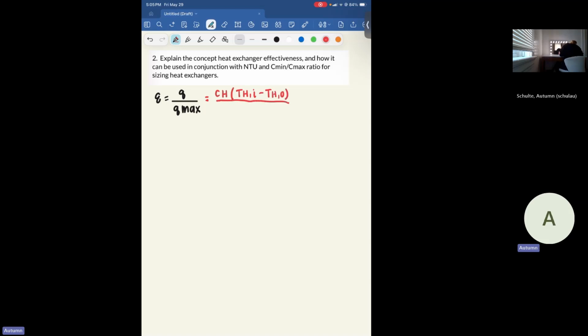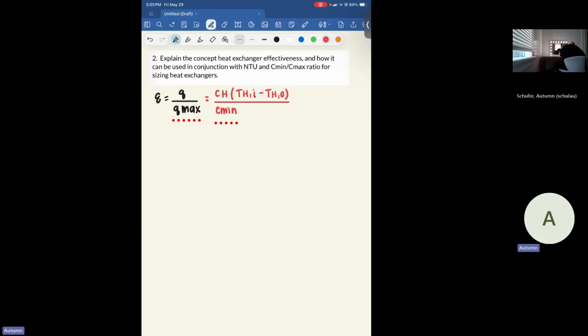And this is going to be divided by the minimum mass flow rate heat capacity. And that could be from either your hot or your cold stream, whichever is flowing slower, because that's going to have that greater difference in temperature and that greater amount of heat transfer.